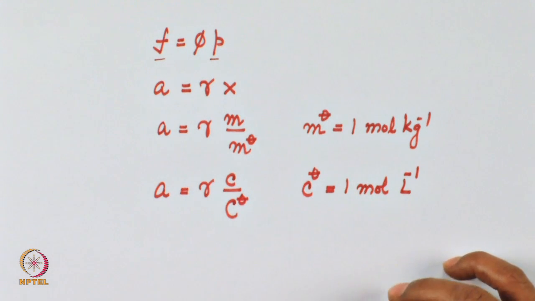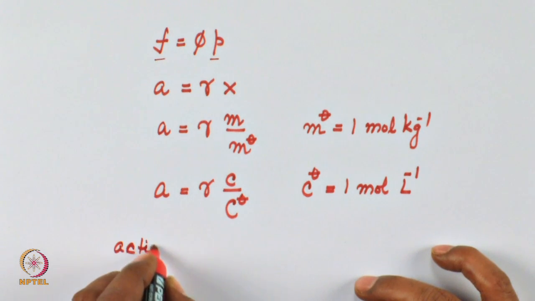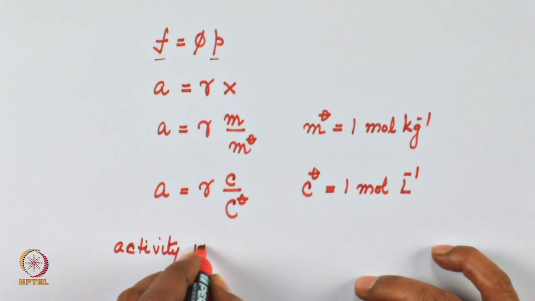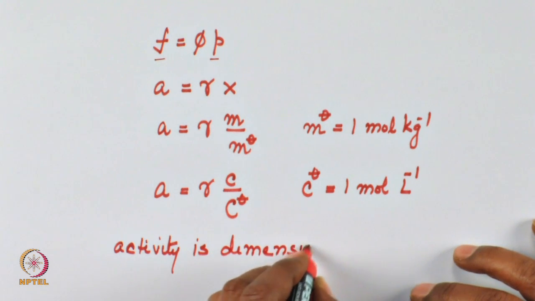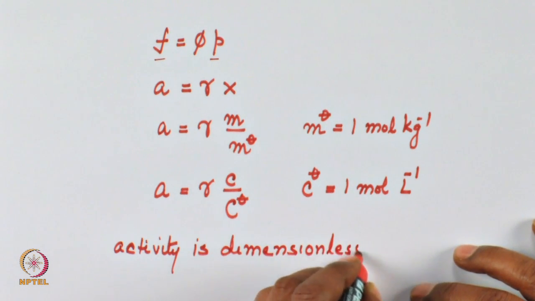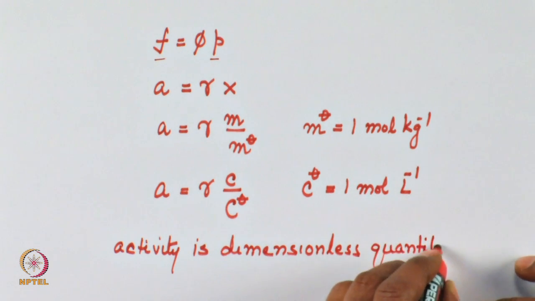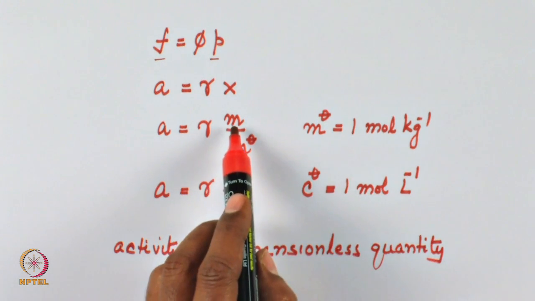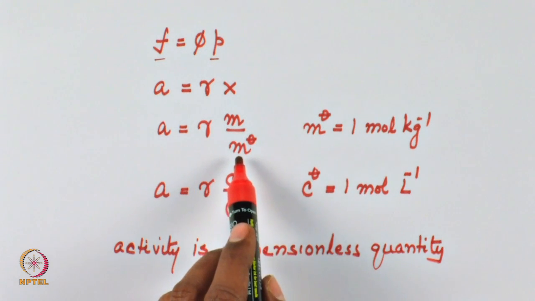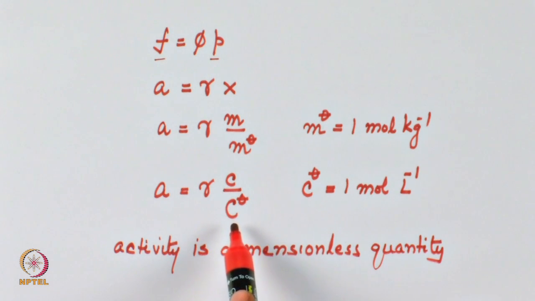So, please remember that activity is a dimensionless quantity. Even though molality has a unit, m naught is introduced to make it dimensionless. Similarly, even though C has a unit, C naught is introduced to make it dimensionless.